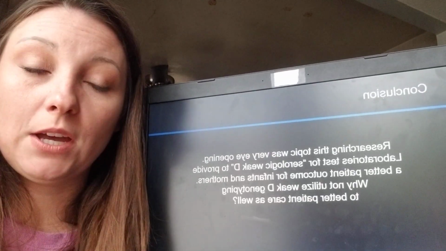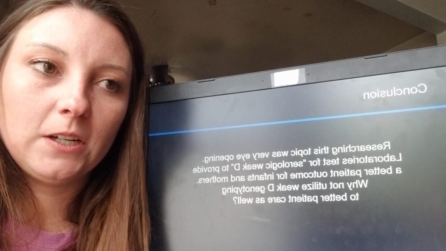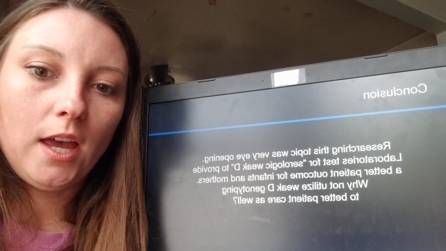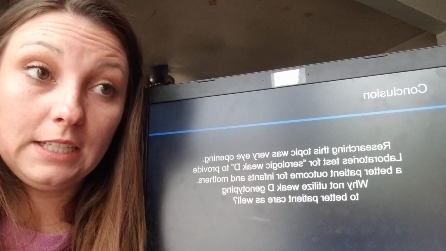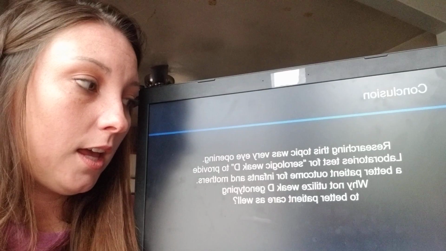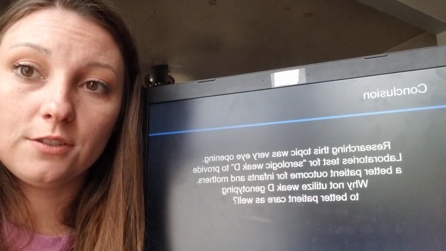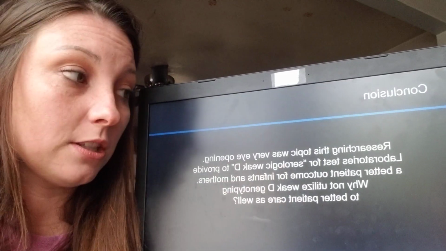That way, we already try to give the patients the best care and experience that they can receive, and with what we do now with serologic weak D testing, but we can further that, I think, by implementing weak D genotyping procedures for serologic weak D patients.